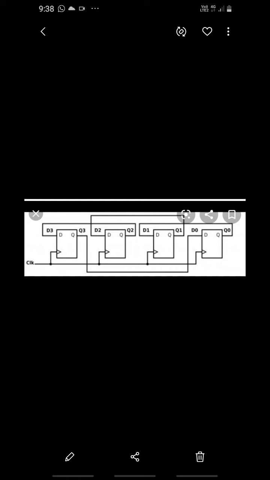Thus the bits have moved to the left by 1 bit position. The same continues till all the data bits are stored in the flip-flops.